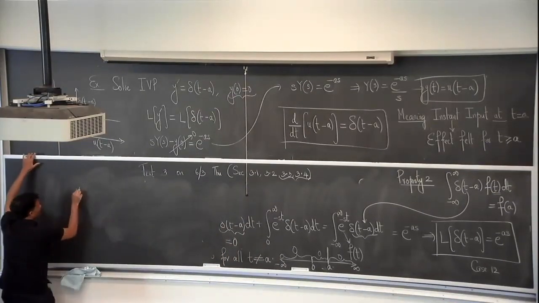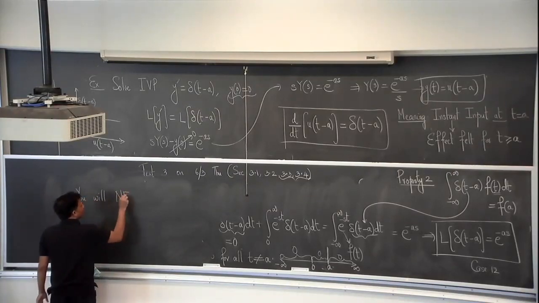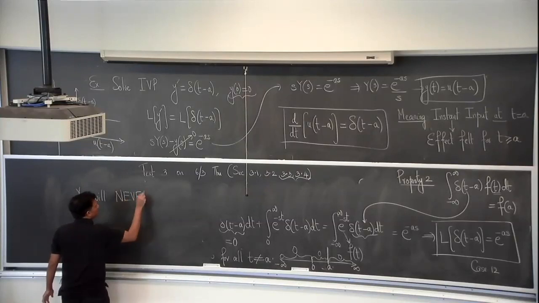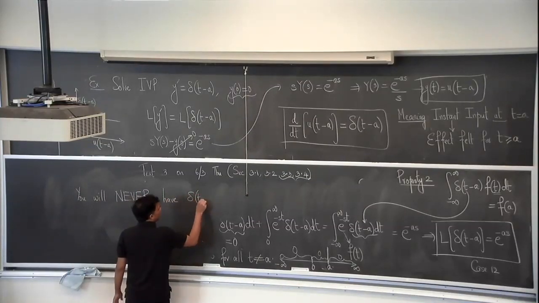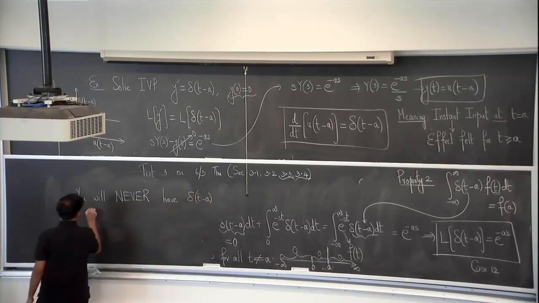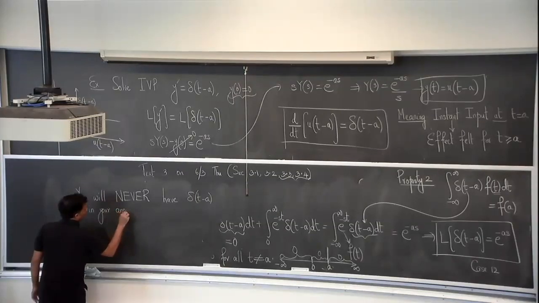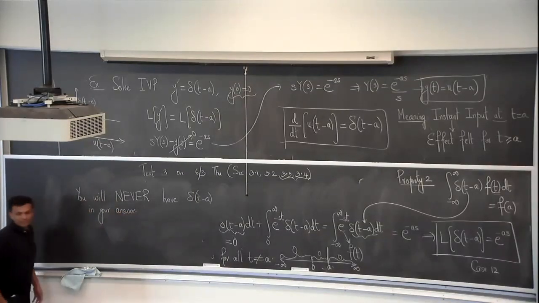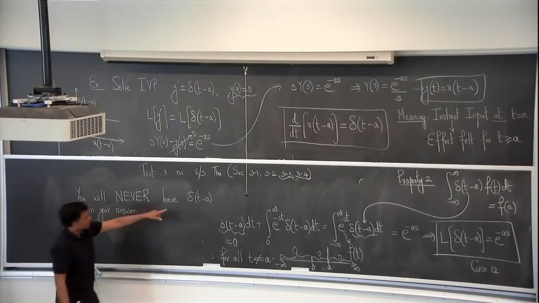So you will never have delta of t minus a in your answer. That's because that's an input that you give at a particular instant. The effect of that should be felt over time and not just for that instant, which is what this function denotes.